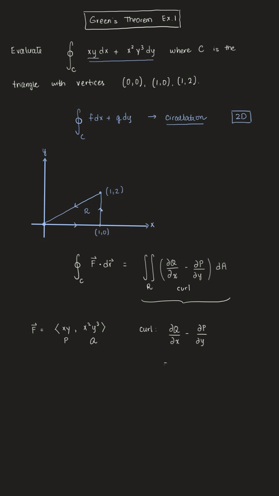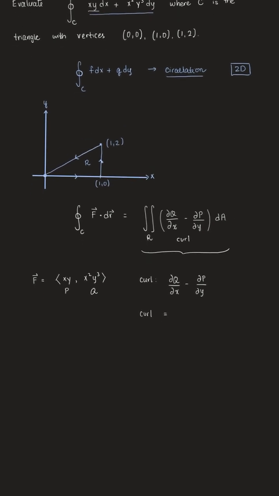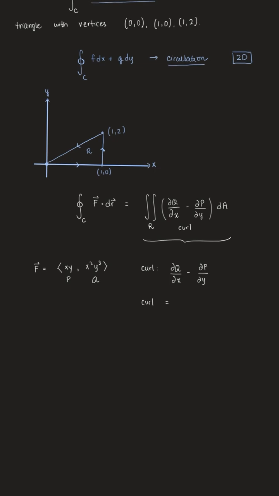So our curl, or circulation density, will have dQ/dx equal to 2xy cubed, and dP/dy will just be x. So this is our integrand for our double integral.